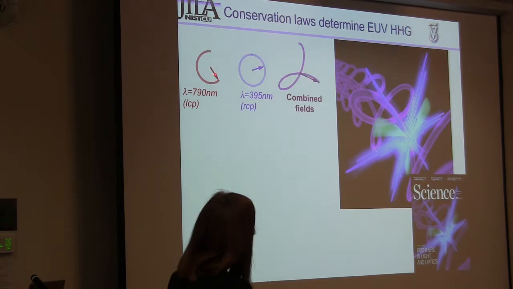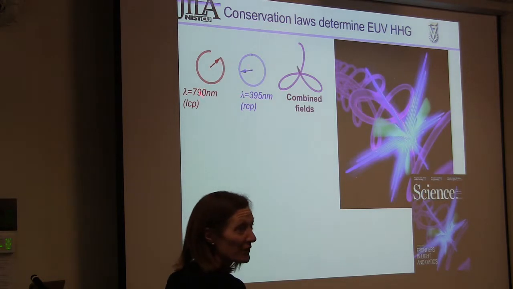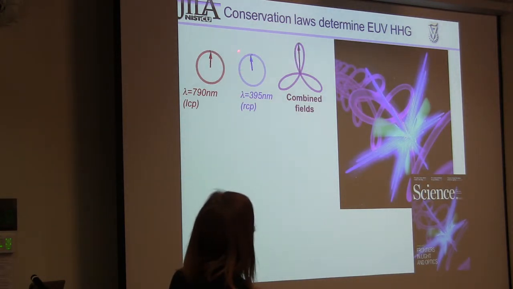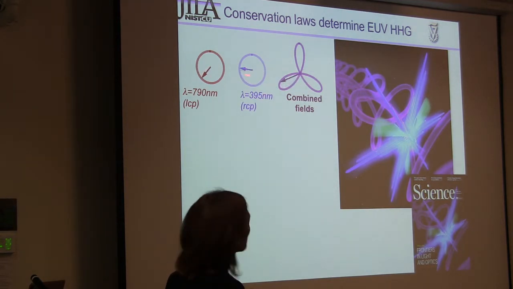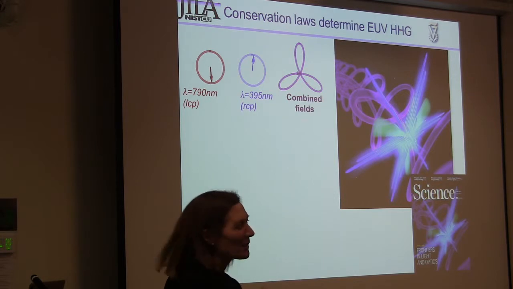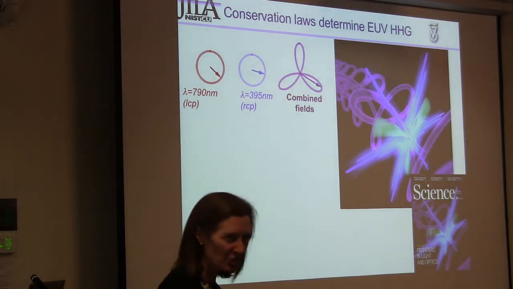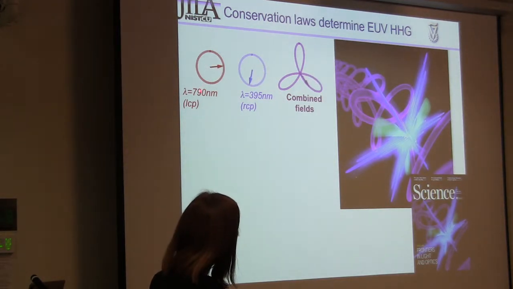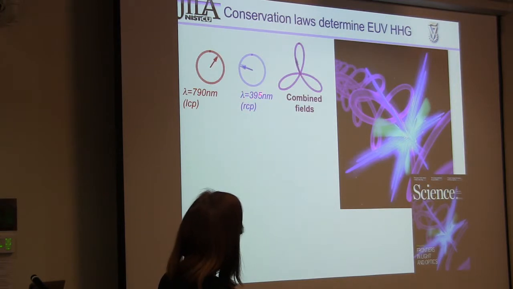This is the fields of two counter-rotating circularly polarized drivers. What do these two light fields combine to? Depending on the relative intensity of these two light fields, you'll always get something that's threefold symmetric for the fundamental and second harmonic of Ti sapphire.